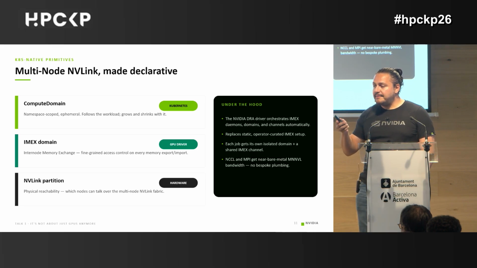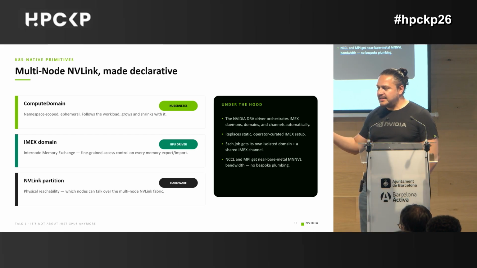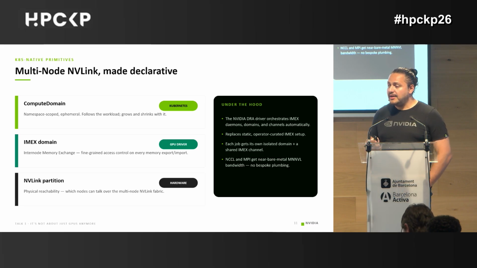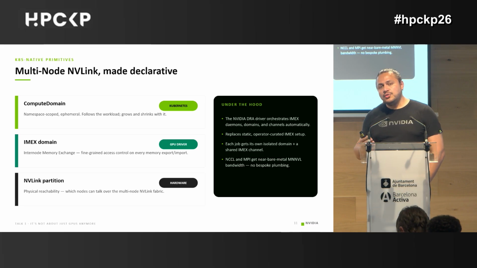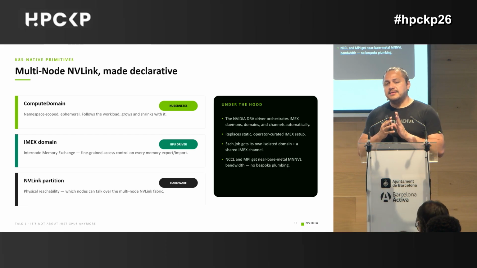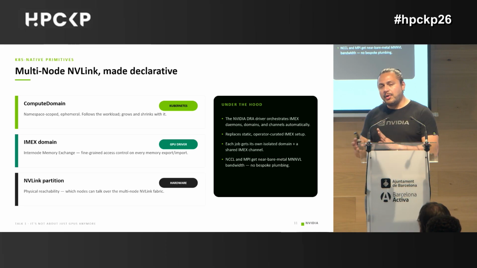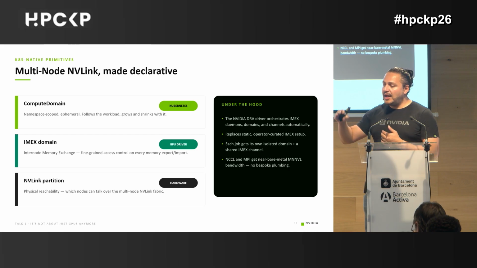You can declare, as I will show, I have the YAML file coming forward, how many nodes you want. And internally, we are going to deploy pods and deploy daemon sets, and enable IMEX.